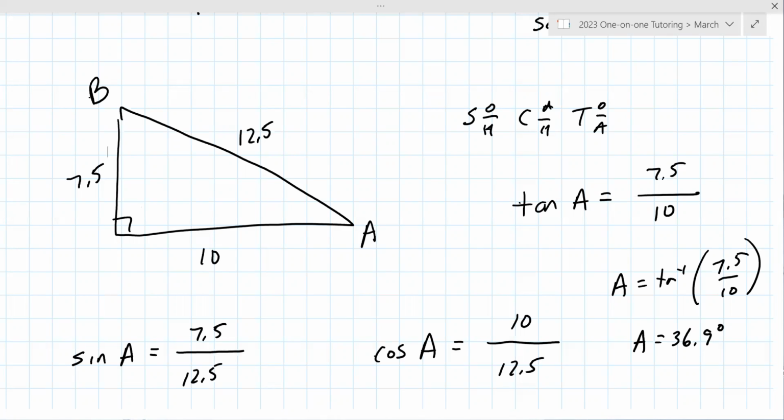So 90 plus 36.9 is 126.9. Then 180 minus 126.9, what? 63.1. Yes. Very good.